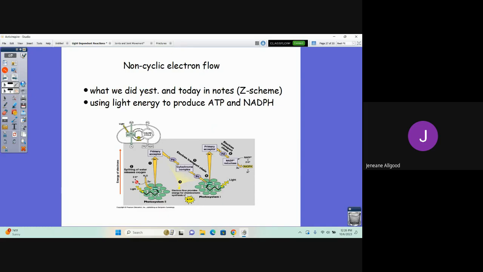Notice this little part of the picture here. There are things that cycle back and forth between the light reactions and the Calvin cycle, and that's your NADP plus, your ADP plus P, your ATP, and your NADPH. Those things cycle back and forth between the light reactions and the Calvin cycle. But this thing itself is not a cycle, okay?